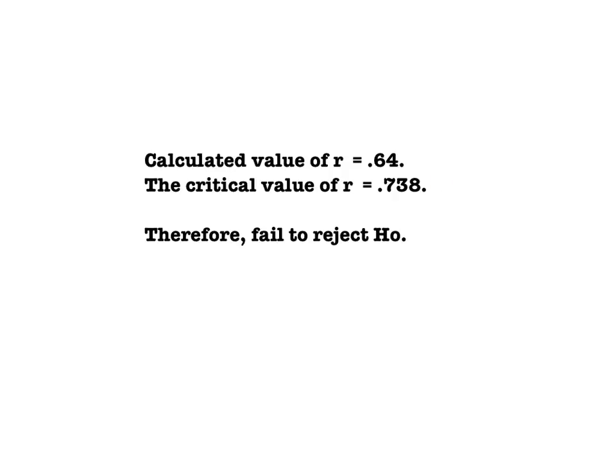And because it was a two-tailed test, we would reject the null hypothesis if this calculated value had been greater than plus 0.738, or if it had been less than negative 0.738. But 0.64 is not within the critical region, so we actually failed to reject the null hypothesis in this example.